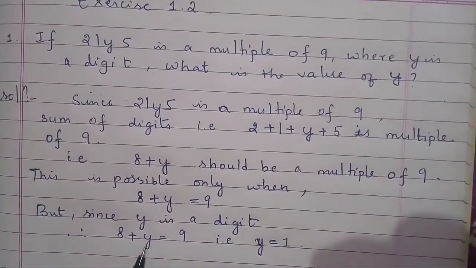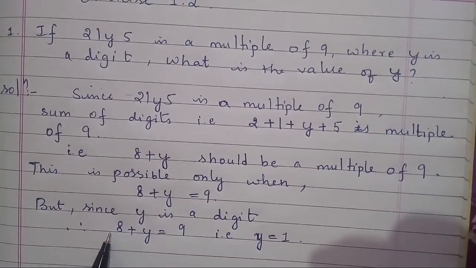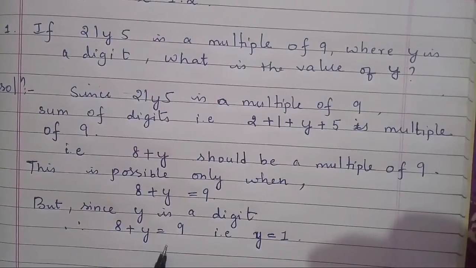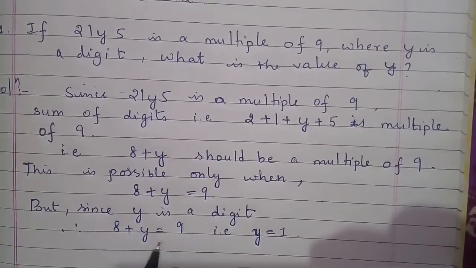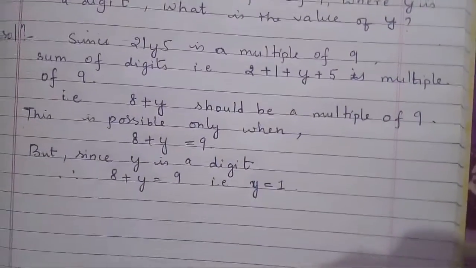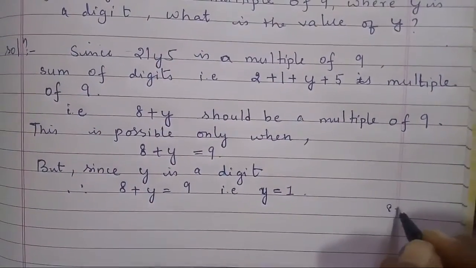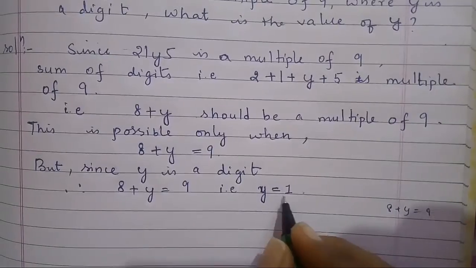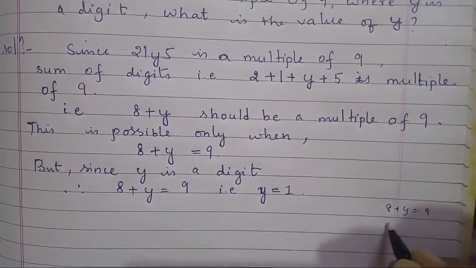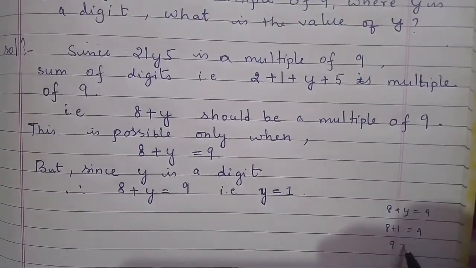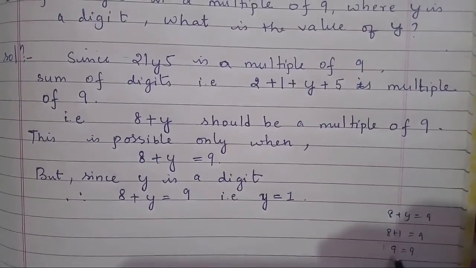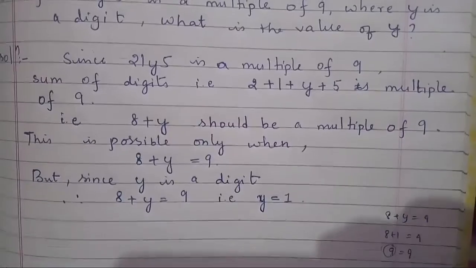If you put the value 1, you will get 8 plus 1 is equal to 9. 9 is equal to 9. 9 is a multiple of 9. This 9 will be a multiple of 9 only when y is equal to 1.